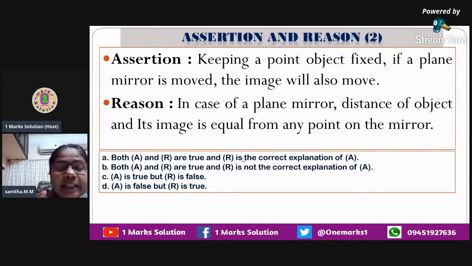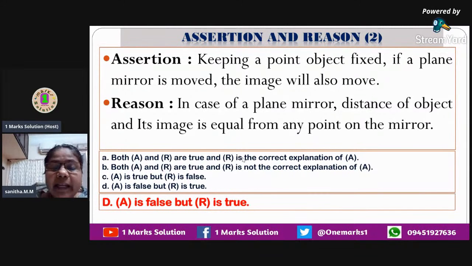So here we can say the second one is correct. The reason is correct. But the first one, you can say the image will not move actually. If your point object is fixed and you are moving the mirror, the image will not move. But the second one is correct. So the option is D, that is A is false and R is true.